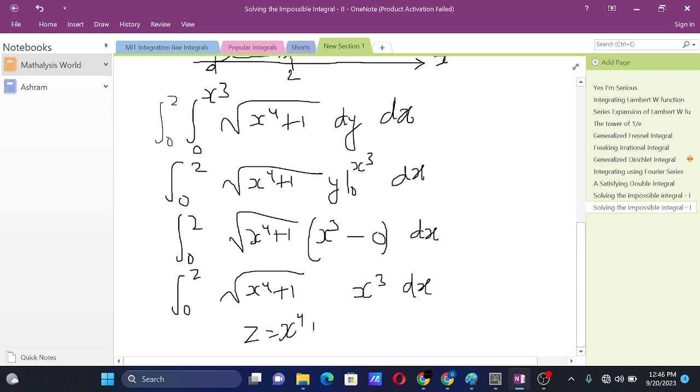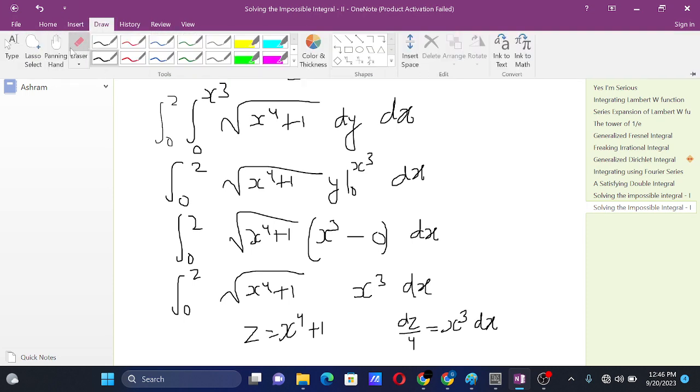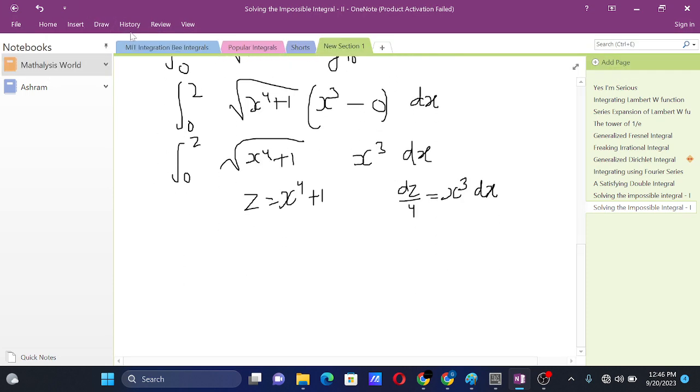So dg by 4 equals x cube dx, and now that will be a lot easier for us. If we change the limits of integration, this will be from 1 to 17, and here we have root of g dg by 4.